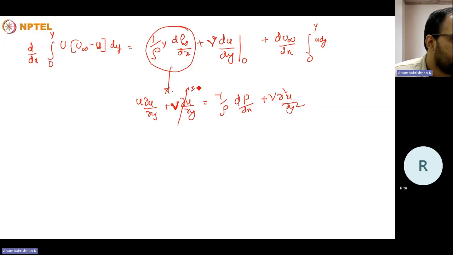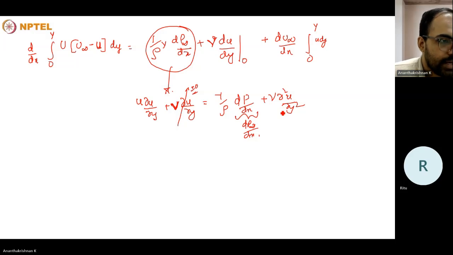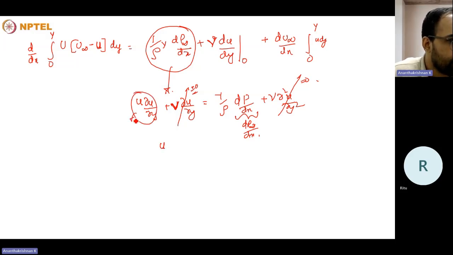So this particular term will be equal to 0, and this will become dp infinity by dx, and the y direction velocity will be 0 in the free stream, so that will also be equal to 0. So effectively, this will become u infinity, with a small correction, dou u by dou x.